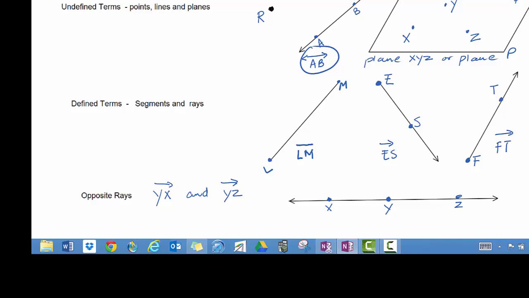Note that they have the same endpoint, but they go in opposite directions, and together opposite rays form a line. A segment can be measured while a ray cannot, and neither can a line.